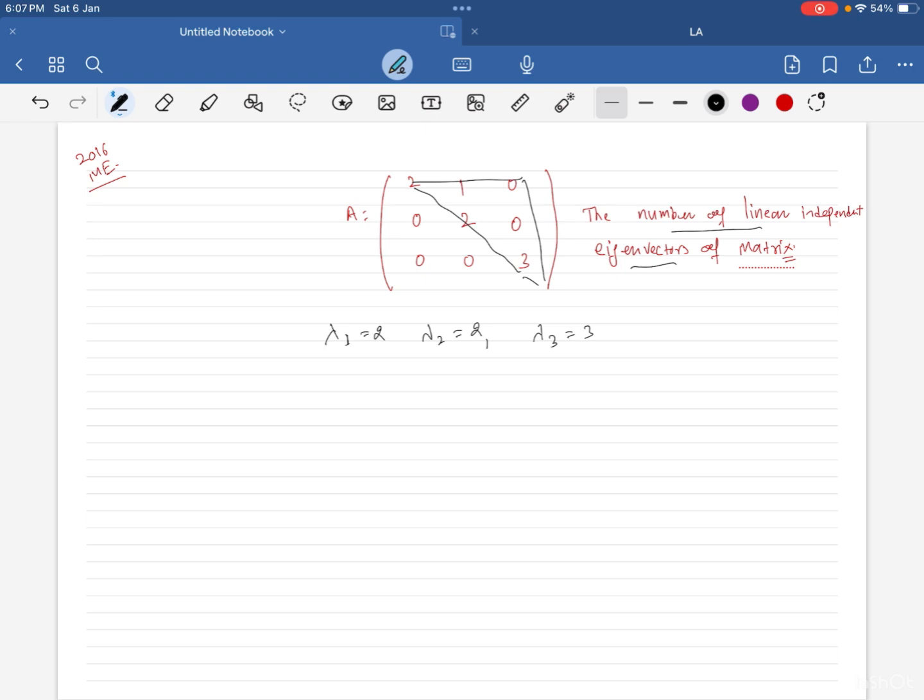And corresponding to these two we will have eigenvectors that will be the same, right? And for this one we will have a different eigenvector. So out of 3 we will have 2 linearly independent eigenvectors. So the correct answer for this is 2.